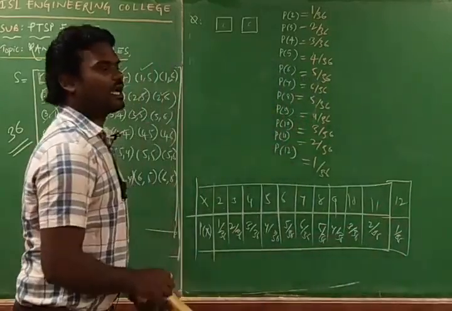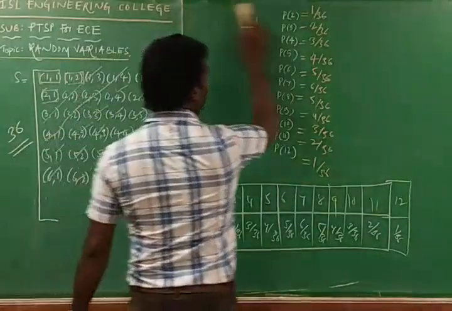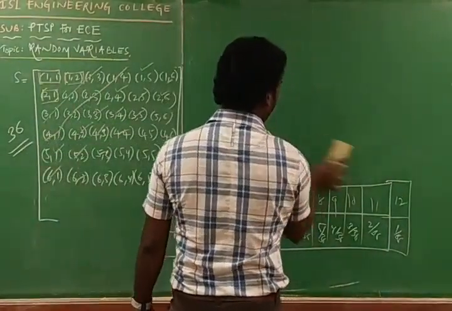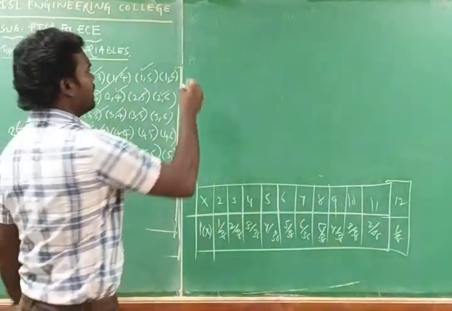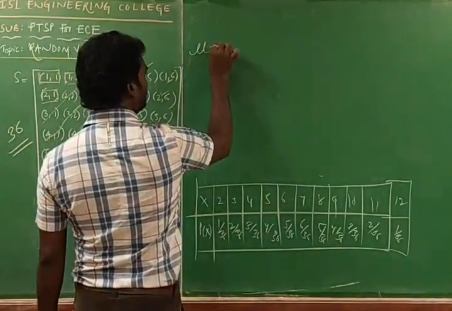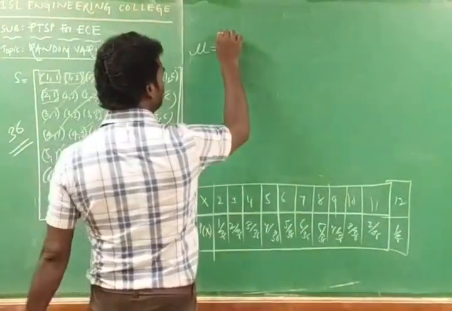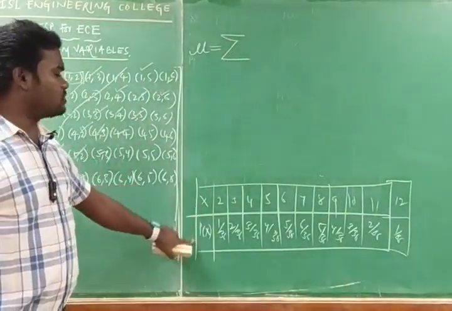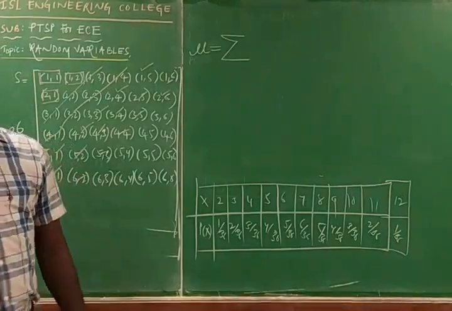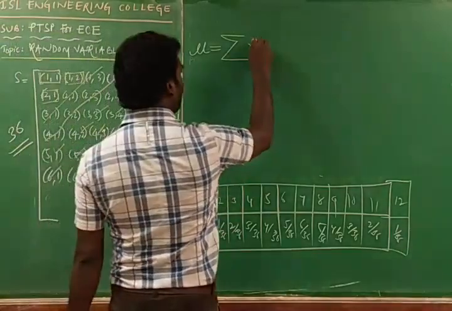Here we have to calculate the mean and variance. Mean is denoted with mu. It is the sum of x into p of x, where x is the random variable.